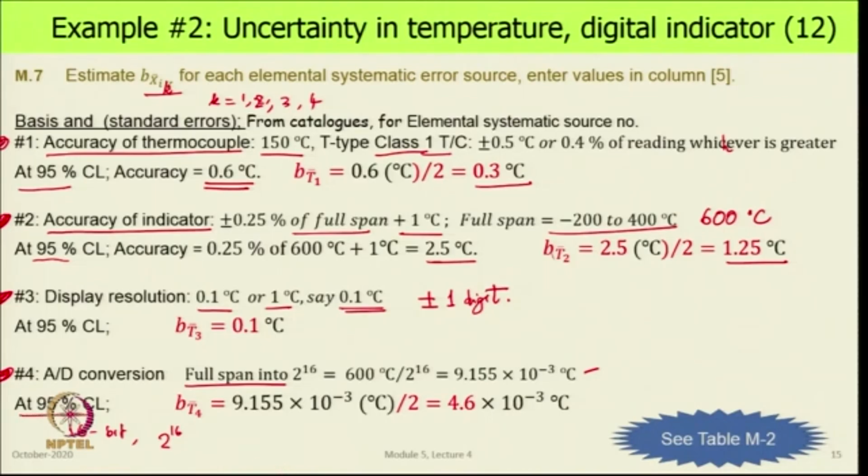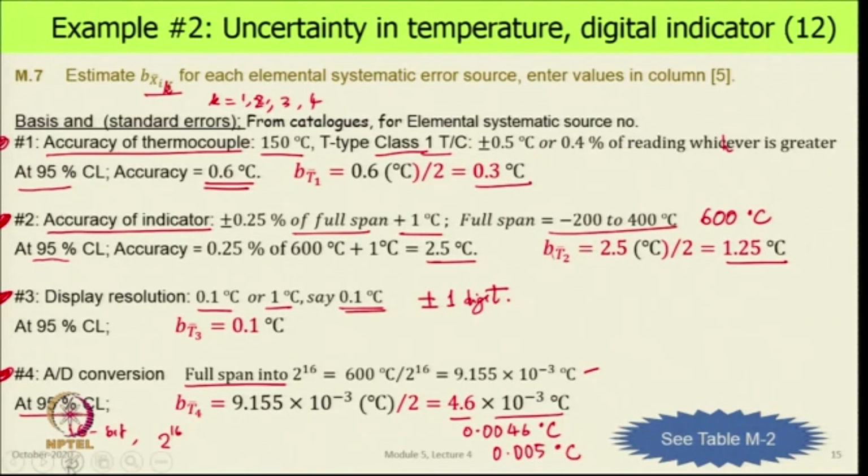So, at 95% confidence level, this becomes this by 2, which is 4.6 into 10 to the power minus 3 degrees Celsius, or 0.0046 degrees Celsius, or we could even have been quite okay with writing 0.005 degrees Celsius.